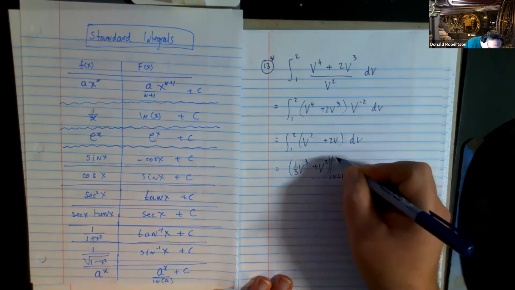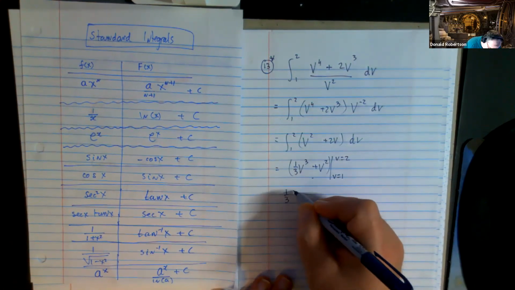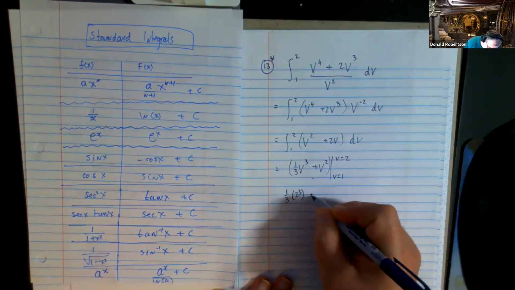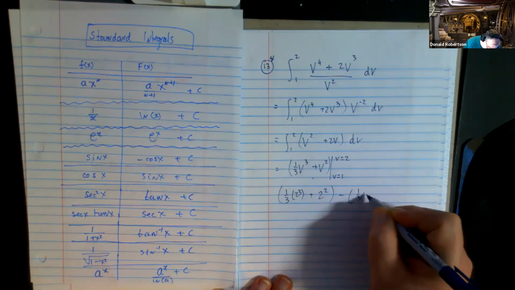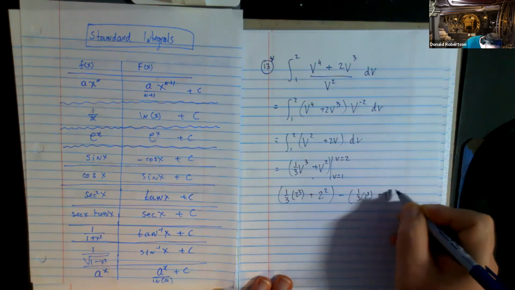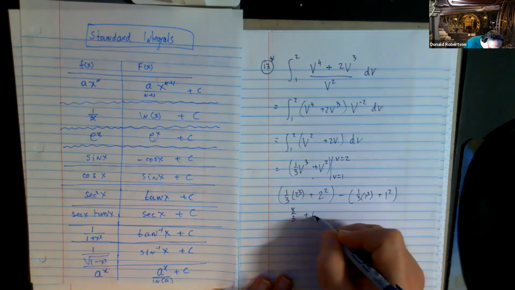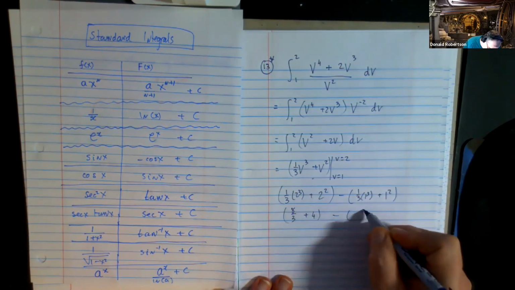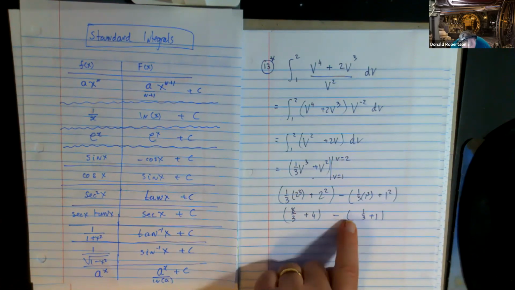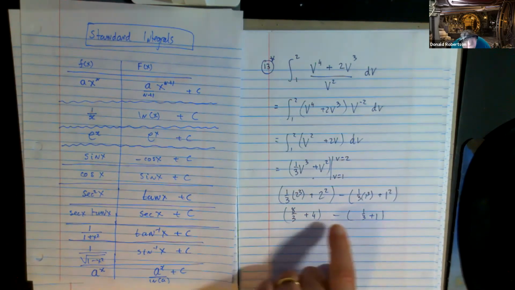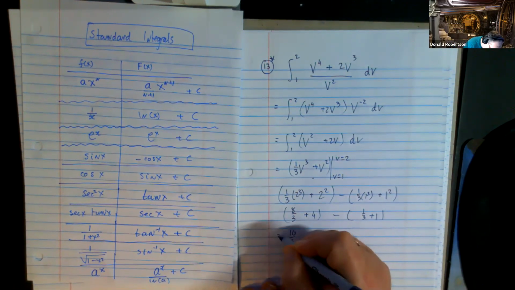Evaluated at 2 and 1. 1/3 2 cubed plus 2 squared, take away 1/3 1 cubed plus 1 squared. 8/3 add 4, 1/3 add 1. What's that going to get me? It's going to get me 7/3 add 3, which is another 9/3. So I believe the answer is 16/3.